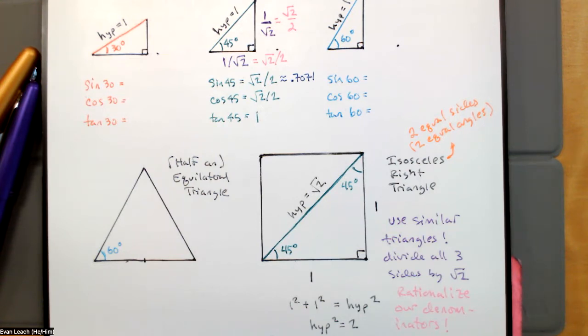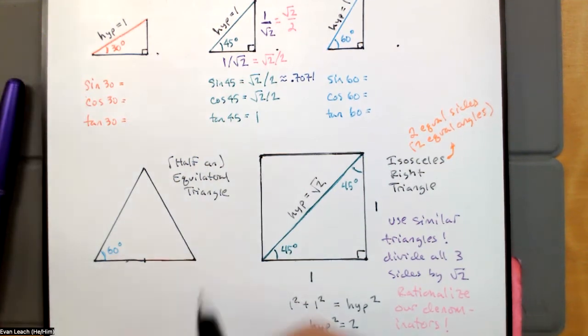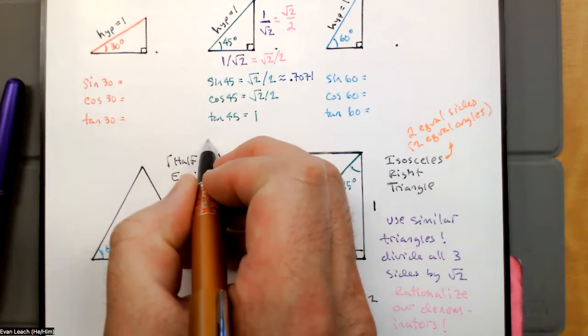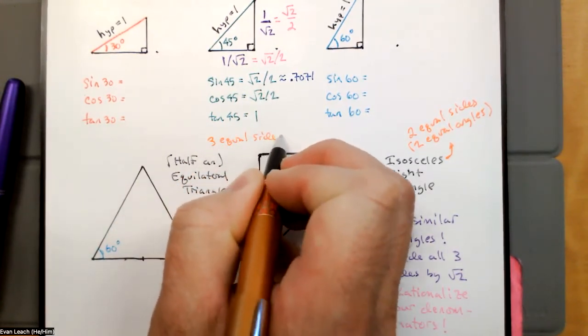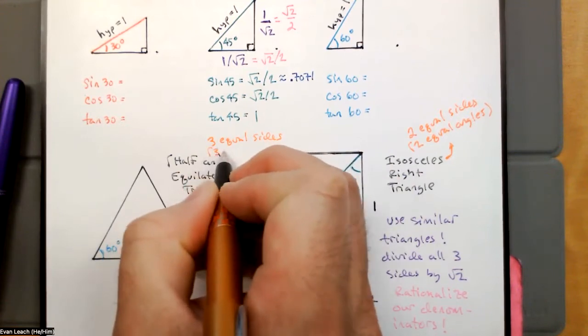The other triangle that we want to use is half an equilateral triangle. An equilateral triangle just means 3 sides are equal, which means 3 equal angles.